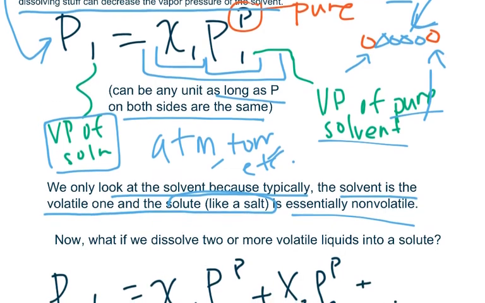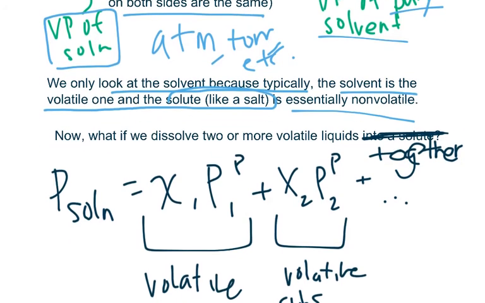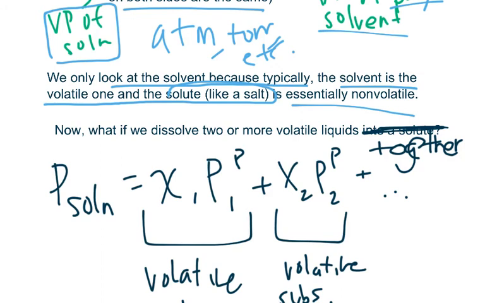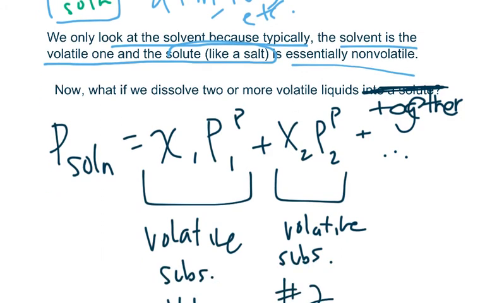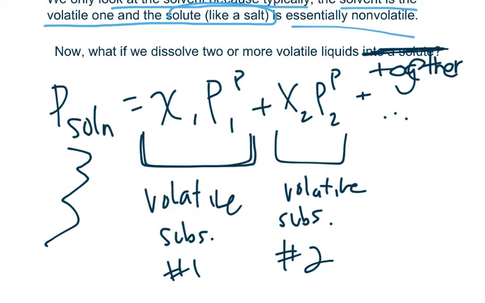Now, what happens if we have two or more volatile liquids together? Well, we have to consider the vapor pressures that each of them can give off. So the total vapor pressure that is exerted by the solution will be equal to the mole fraction of the first volatile substance times the vapor pressure of the first volatile substance if it was pure.